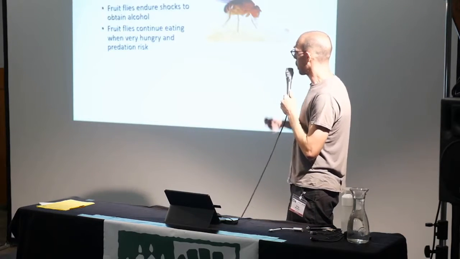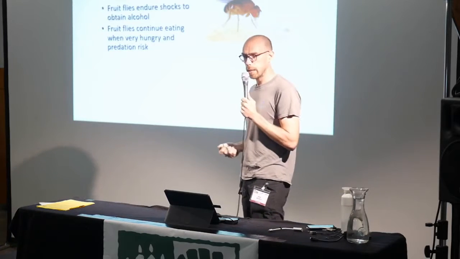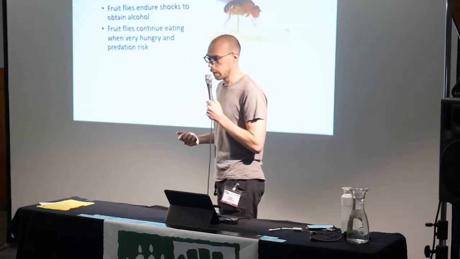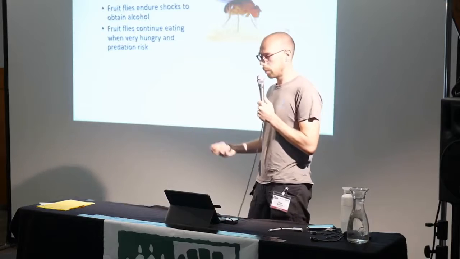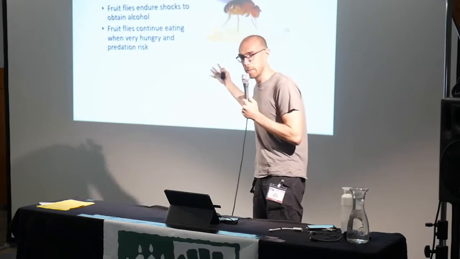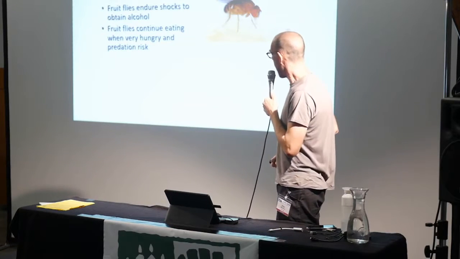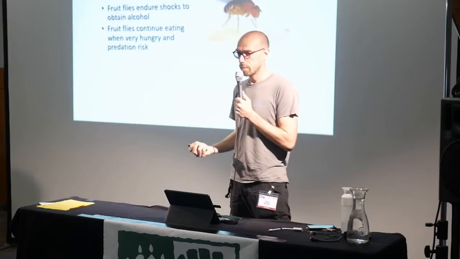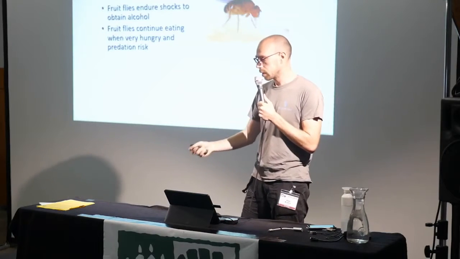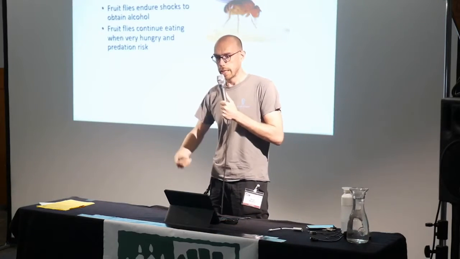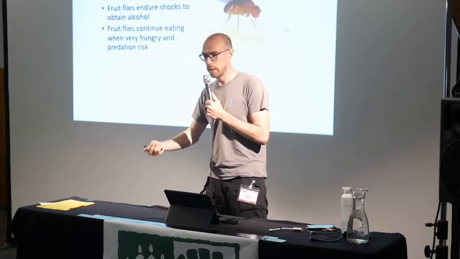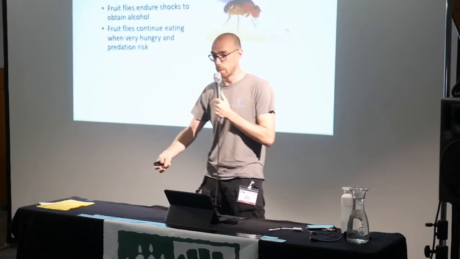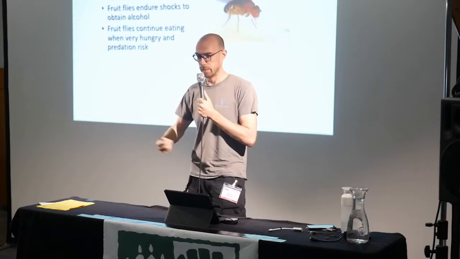So for example, fruit flies, they like alcohol, and they don't like electric shocks. These are animal experiments, I have to warn you. Give them electric shocks, and if the electric shock is really small, then they say, I can endure it, I prefer alcohol above the electric shock, so I go for the alcohol and I get an electric shock.